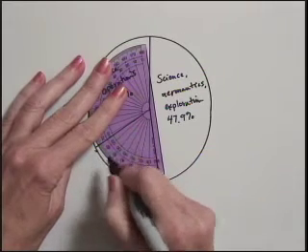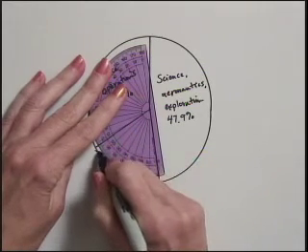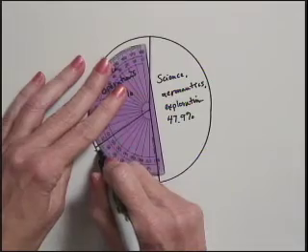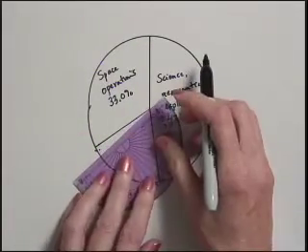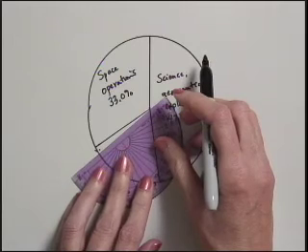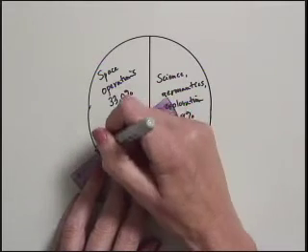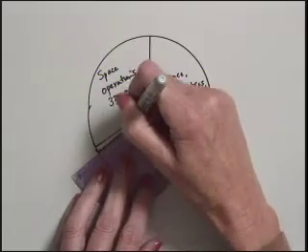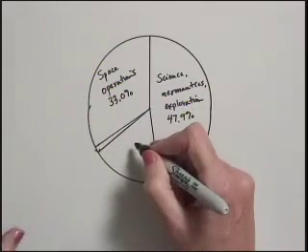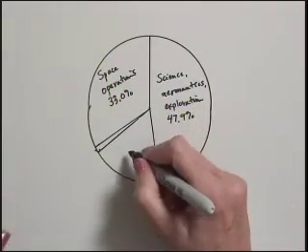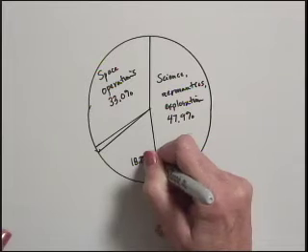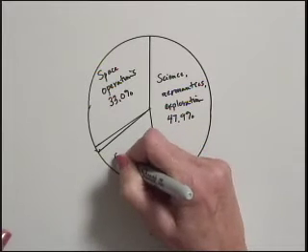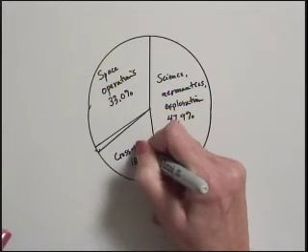So 66 degrees is about right here. It's going to be very hard to illustrate the other two sections because they're going to be so tiny. And this is going to represent the 18.2%, which is going to be our cross-agency support.